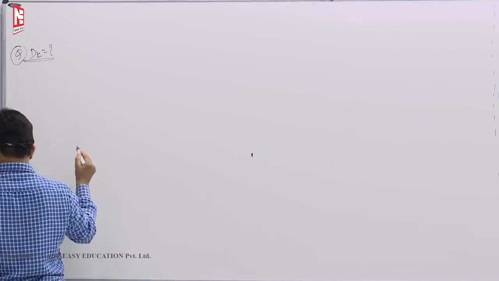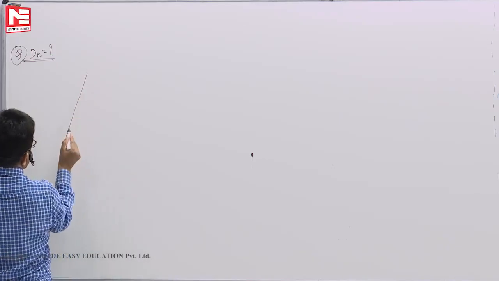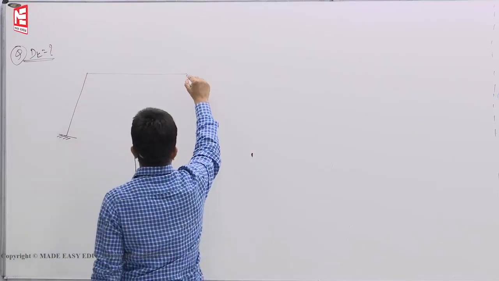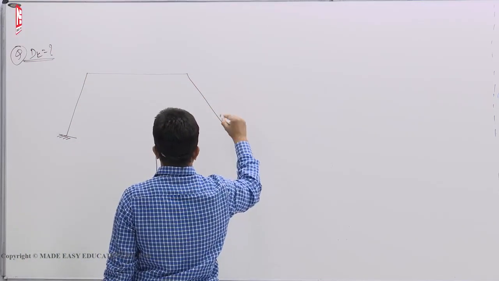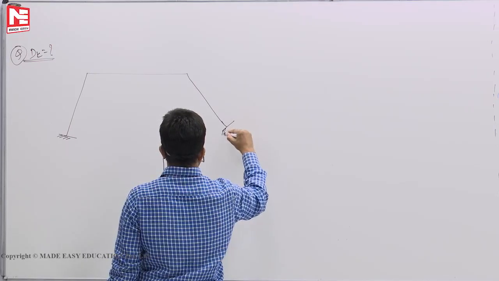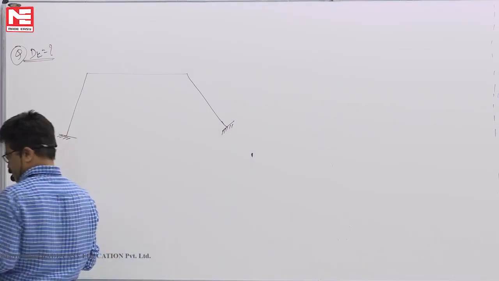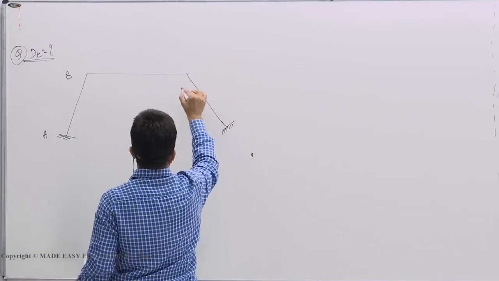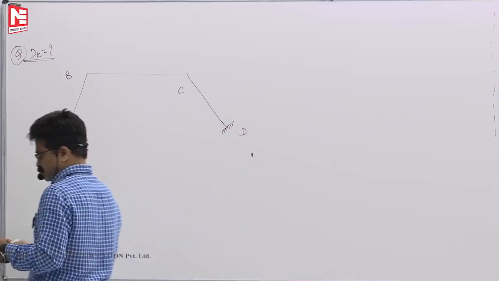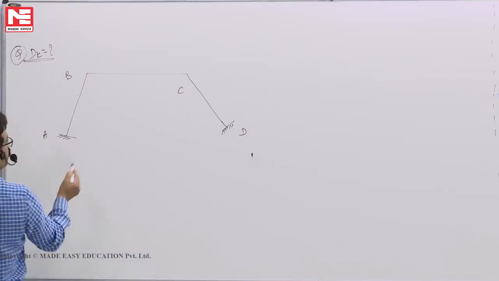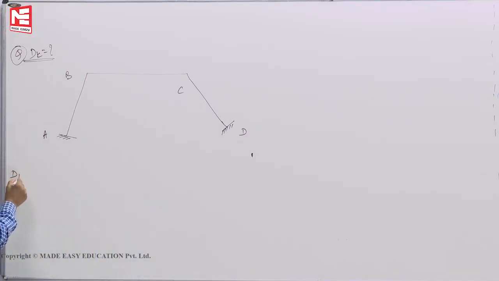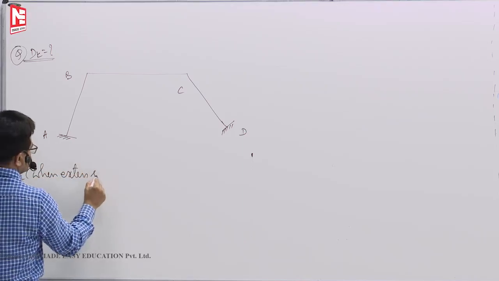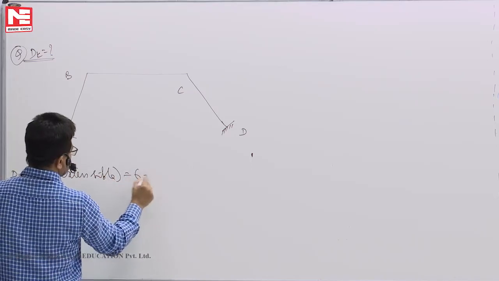Assume that in this case we will take the inclined members, like this, A, B, C, D. Now in this case dk when extensible is 6 degrees.